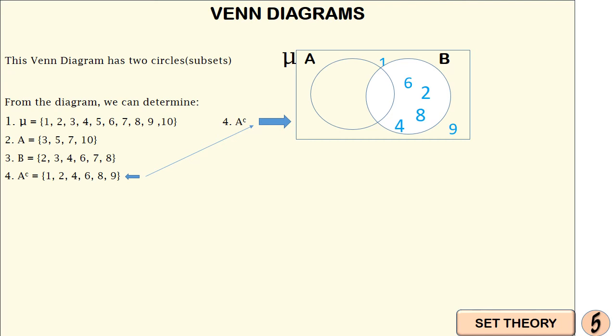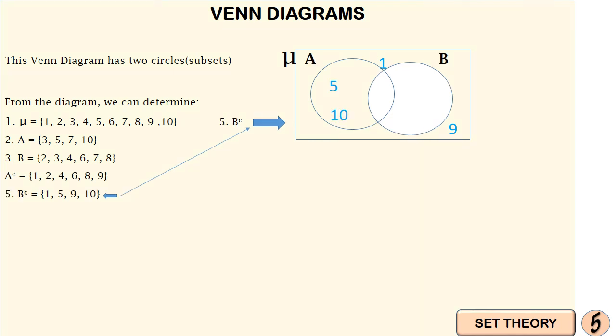So A complement will be 1, 2, 4, 6, 8, and 9. The elements in B complement are elements that are outside the circle B, and these elements are 1, 5, 9, and 10.